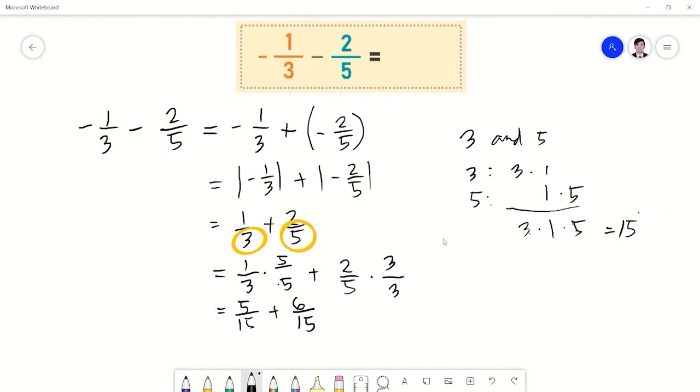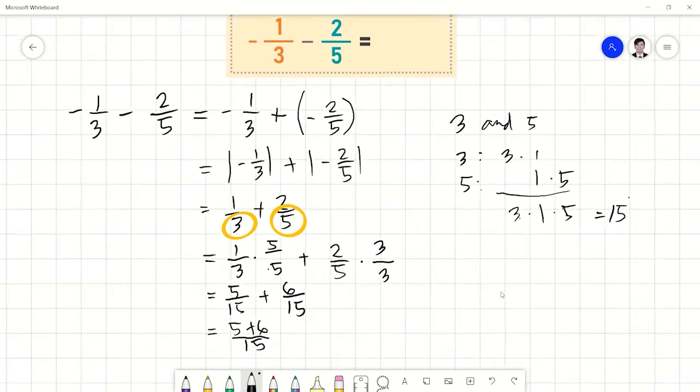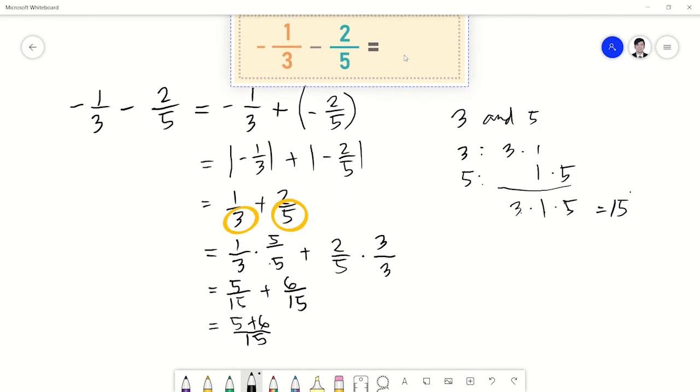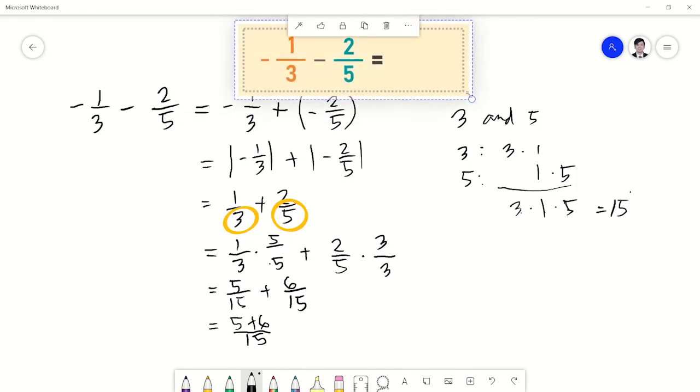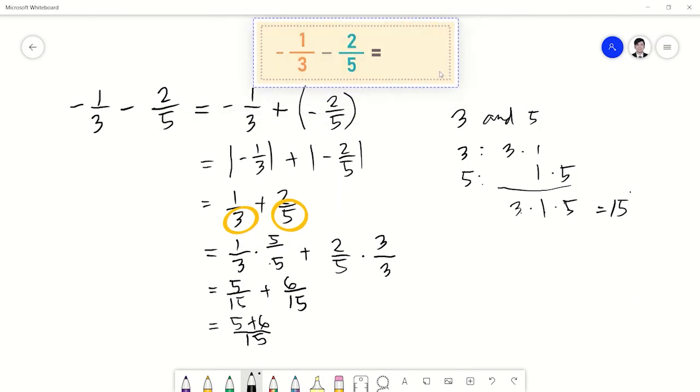So they have the same denominator already. So add the numerators. 5 plus 6 over 15. And 5 plus 6 is what? 11.